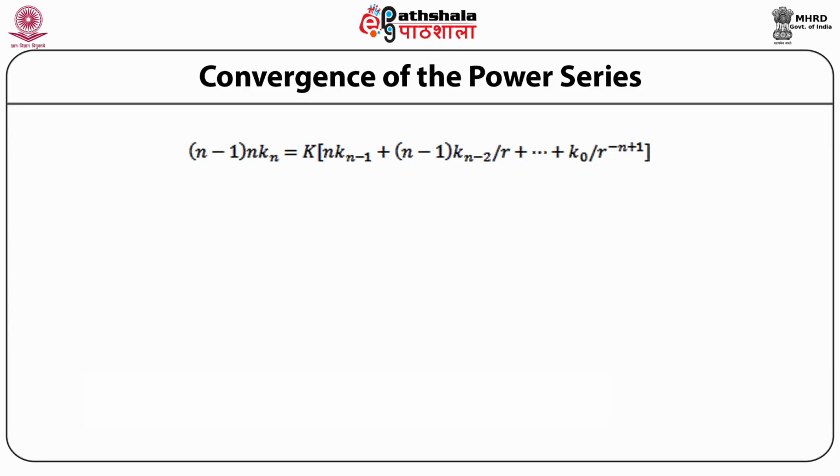where (n minus 1) n k_n is equal to capital K times within the brackets (n k_(n-1) plus (n minus 1) k_(n-2) divided by r plus so on till k0 divided by r raised to power n minus 2).